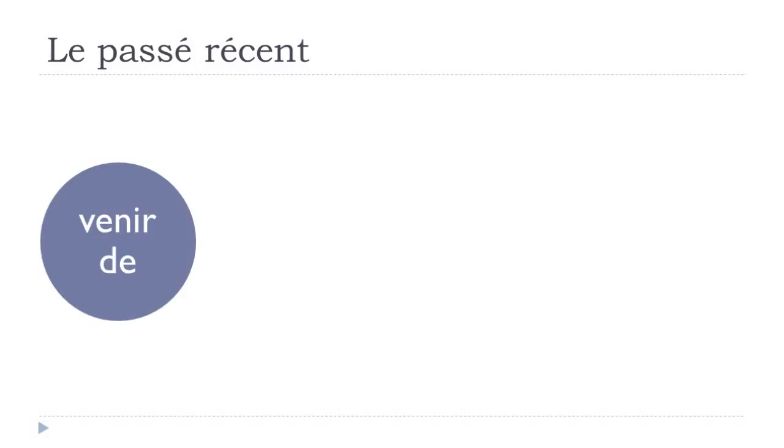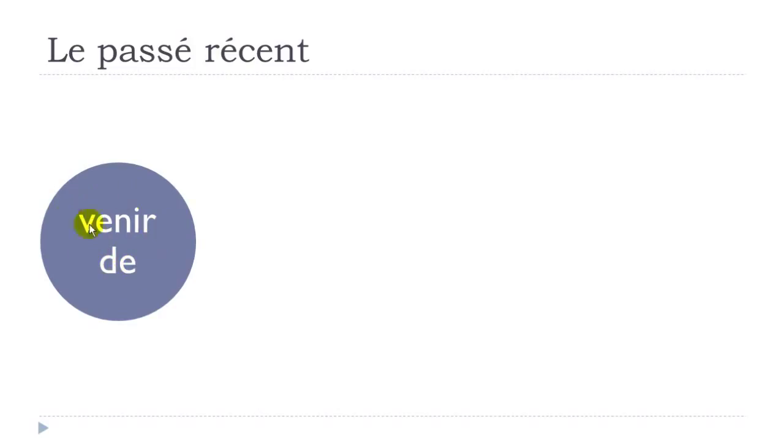Okay, le passé récent. Like the recent past, if you want to translate it directly. So le passé récent is like a false or a fake tense that we've got, because technically it's the present tense, but then if you want to express something that you just did, okay, so we've got a tense for that, and it's quite useful and quite easy to make, because the concept is that first you will use the verb venir and the preposition de.